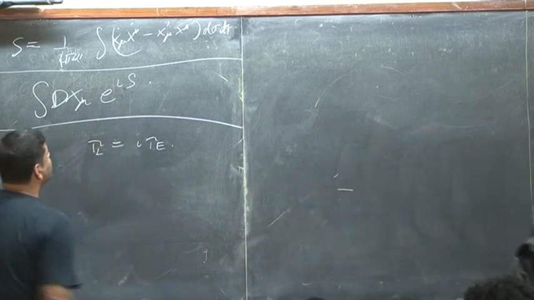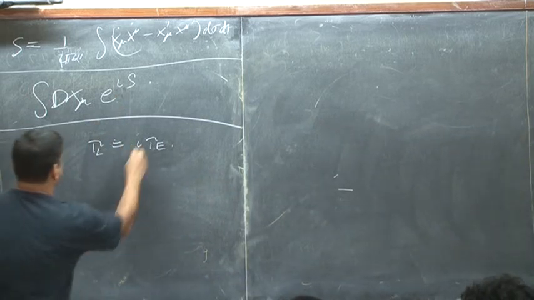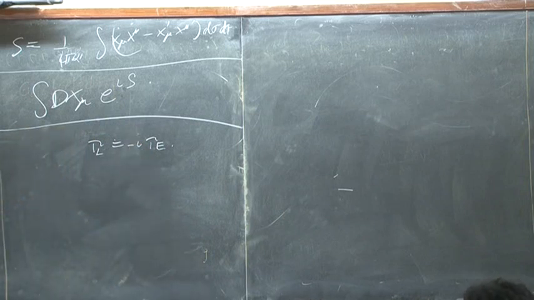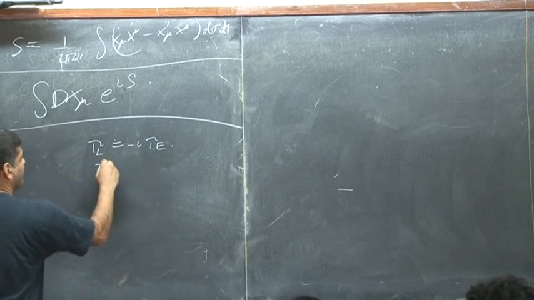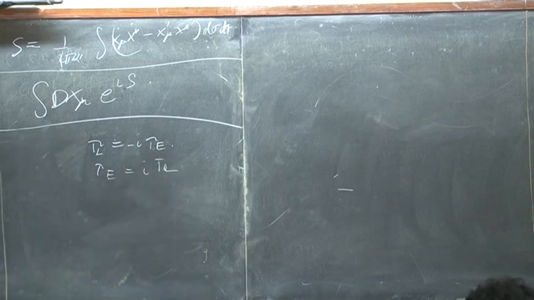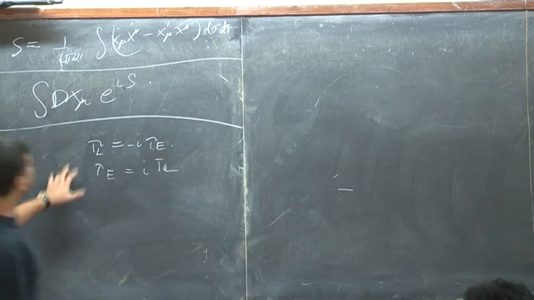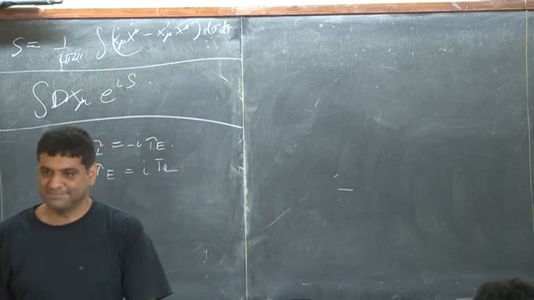So tau Lorentzian is minus i times tau Euclidean. And therefore tau Euclidean is equal to i times tau Lorentzian. And then just rewrite this action in terms of tau Euclidean.